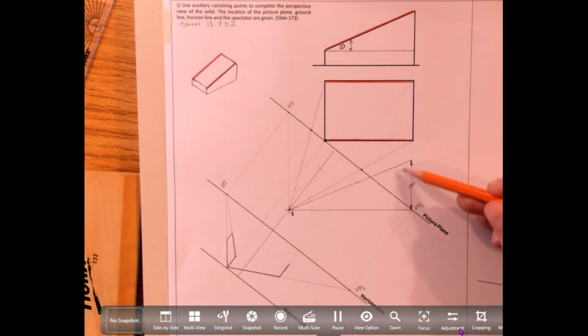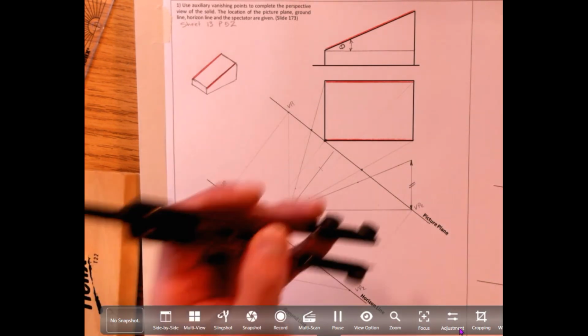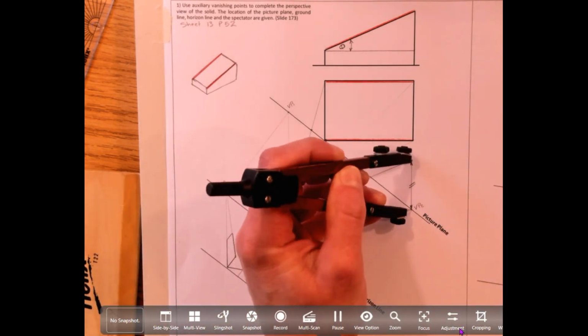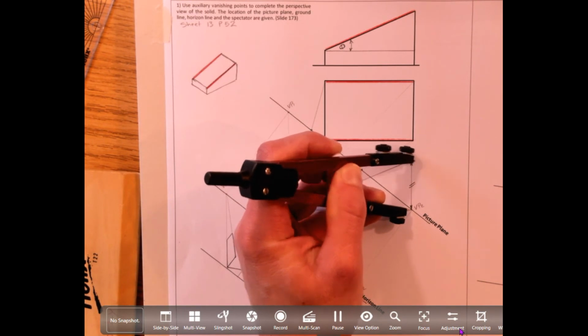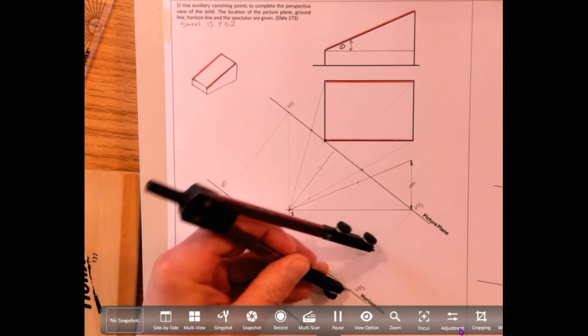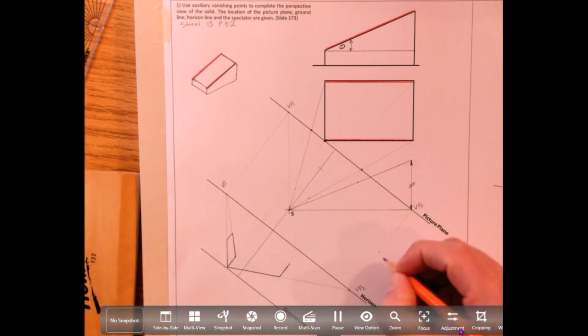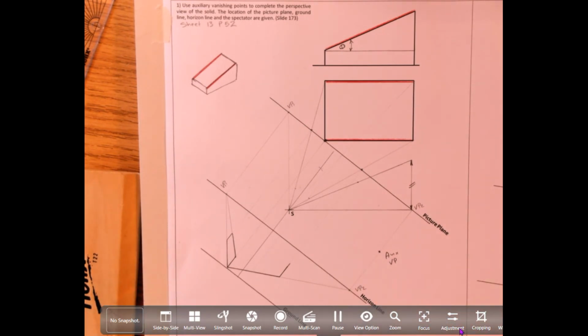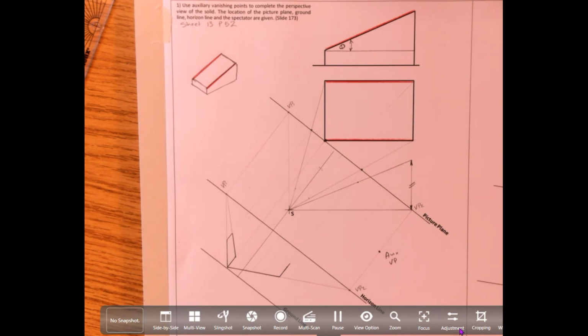We've been dealing with vanishing point 2 all along. I take my distance and we measure it above vanishing point 2. So here was vanishing point 2, measured above, and here is our auxiliary vanishing point. The question then is actually pretty straightforward.